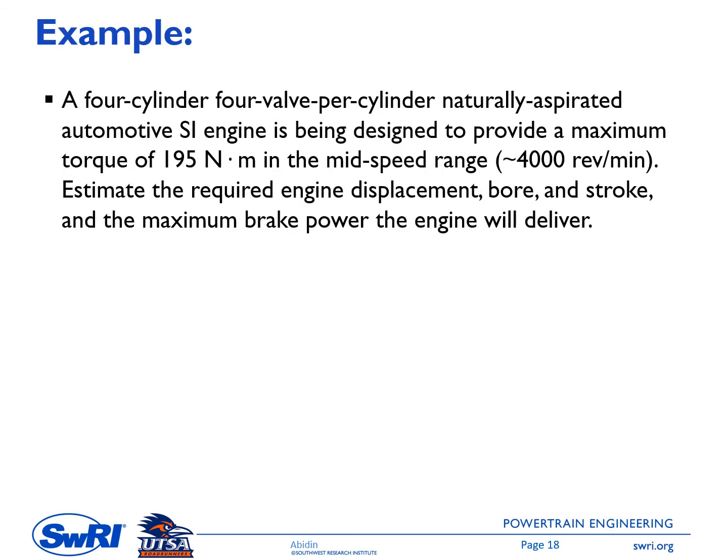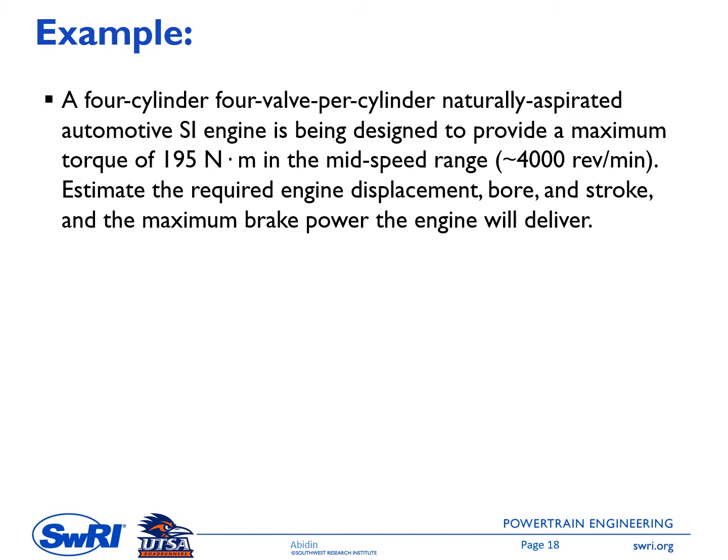Let's take a look at this simple example to help us understand the correlation between these several parameters. We have a 4-cylinder, 4 valves per cylinder, naturally aspirated spark ignited engine. With 4 valves, we can assume 2 valves for intake and 2 valves for exhaust.